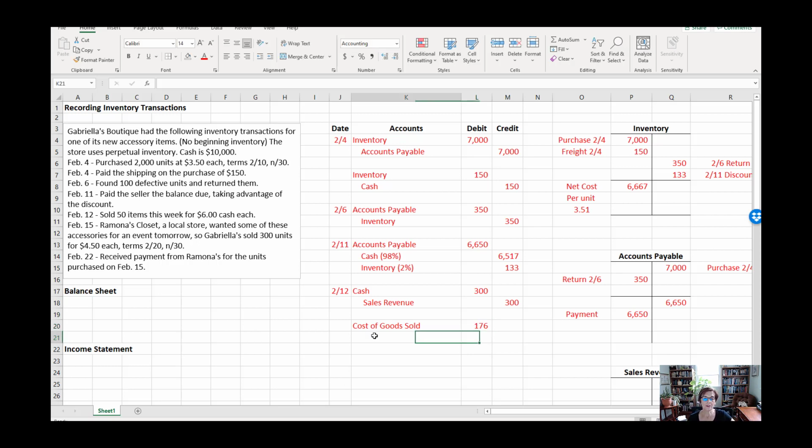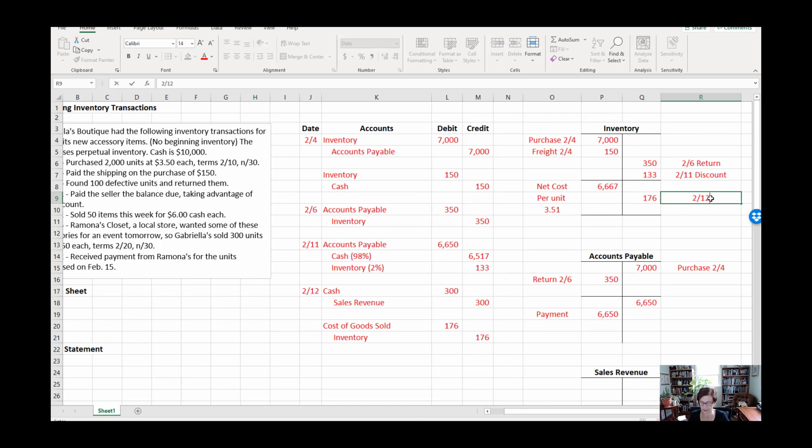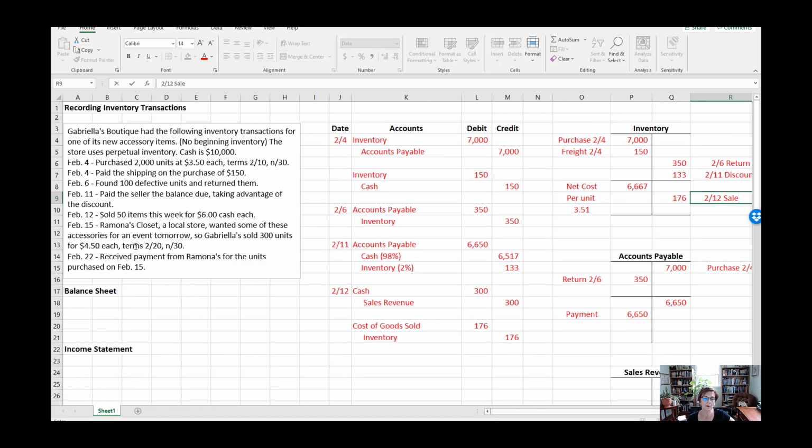So we're debiting cost of goods sold, and we're going to credit inventory for the same amount. We're decreasing our inventory. Our inventory is going down. Okay, so we're going to credit inventory for 176. This is our 212 sale, and debit cost of goods sold. So anytime you're dealing with perpetual inventory and you have a sale, you have to make 2 journal entries like that. All right. Okay, so our last entry here, or almost last entry, February 15th.